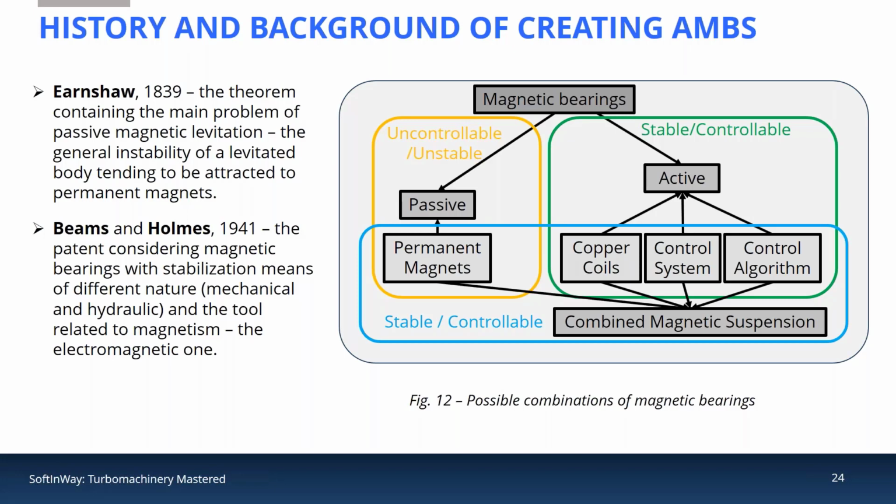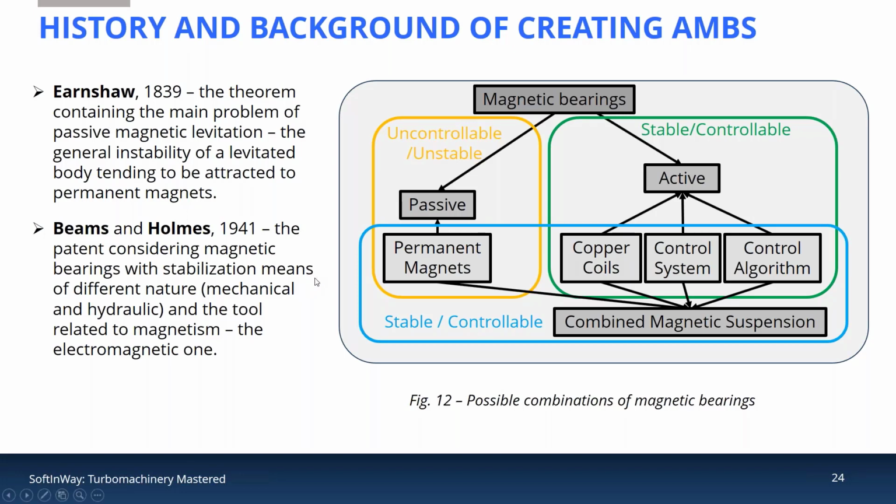Let's talk shortly about history. The main obstacle of passive magnetic levitation was formulated by Samuel Earnshaw in 1839. He showed the general instability of a levitated body attracted to permanent magnets. On the other hand, Beams and Holmes in 1941 defended the patent considering magnetic bearings with stabilization means of electromagnetic nature.